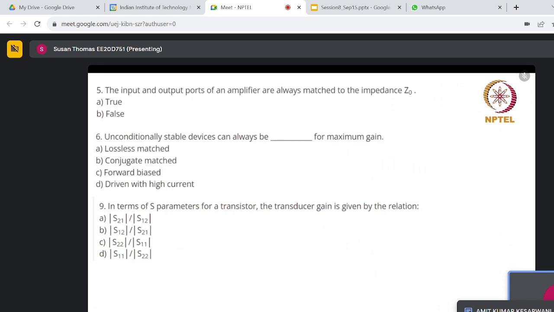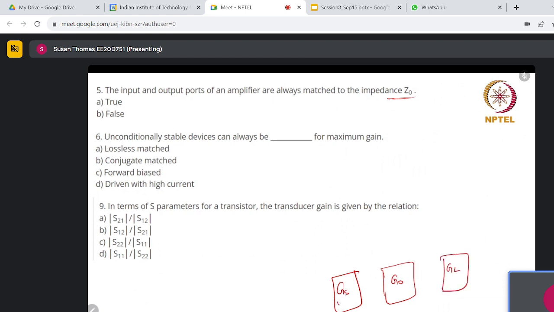Okay, let's move to the next question. Question number 5. The input and output ports of an amplifier are always matched to the impedance Z0. So if you remember the network which I have shown you before, you have a transistor and on either side you have the matching networks. So this is G naught, GS and GL.